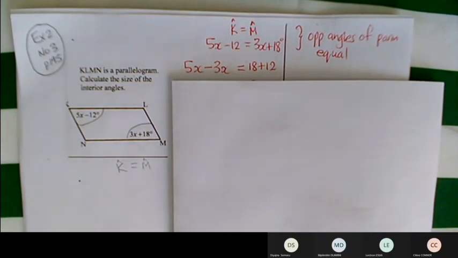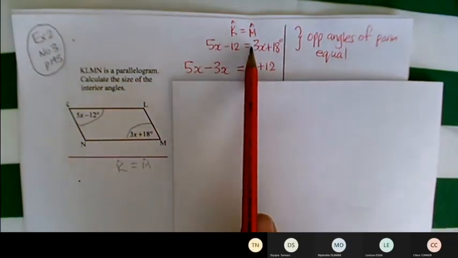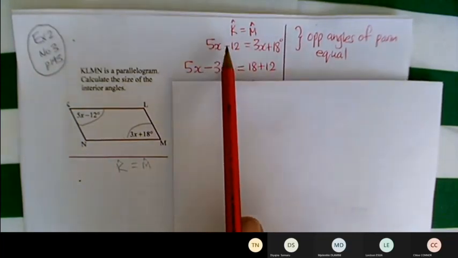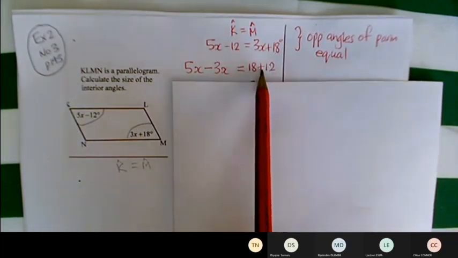Next, we're going to have to solve for x. That will be the very next step, so our solving skills have to be in. Practically, that's a plus 3x. Take it over, minus 3x. Minus 12, take it over the equal sign, will become plus.